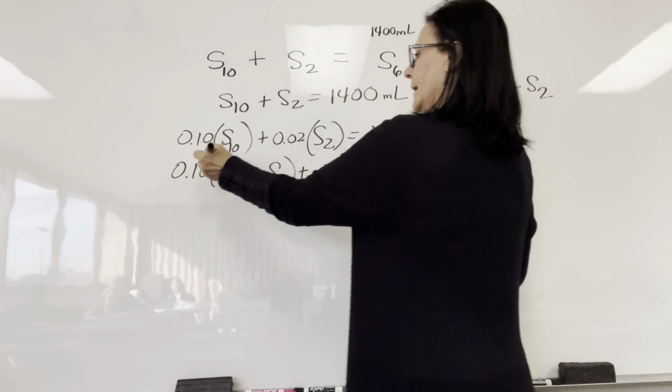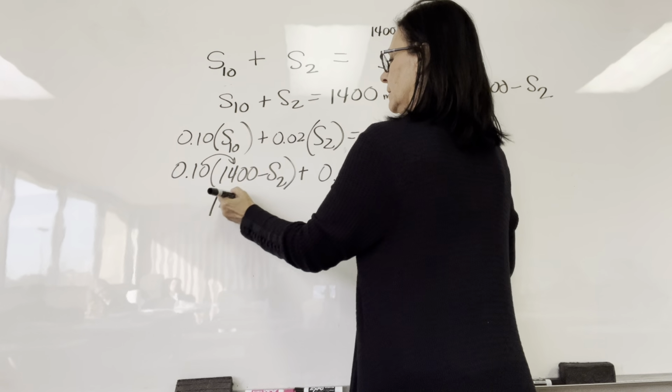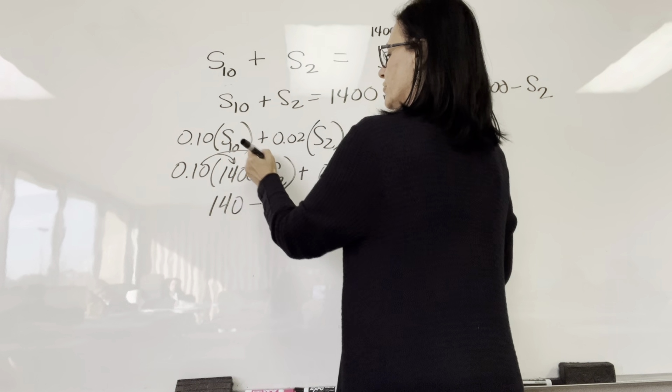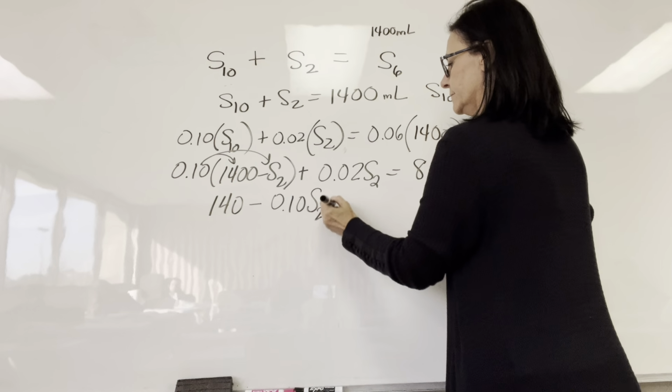All right. What is 0.10 times 1,400? I distribute that 0.10 to both of the terms.